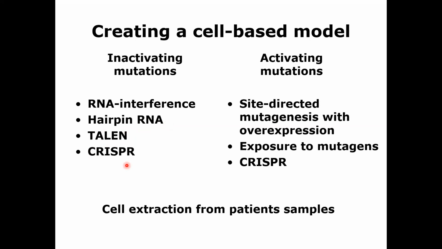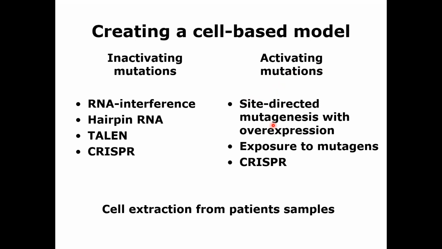For most cancers, the model creation is the opposite: to activate mutations. That would be, for example, for melanoma, which in most cases has active RAS. So we would activate RAS by either site-directed mutagenesis or by overexpressing the protein of interest in the model cell.